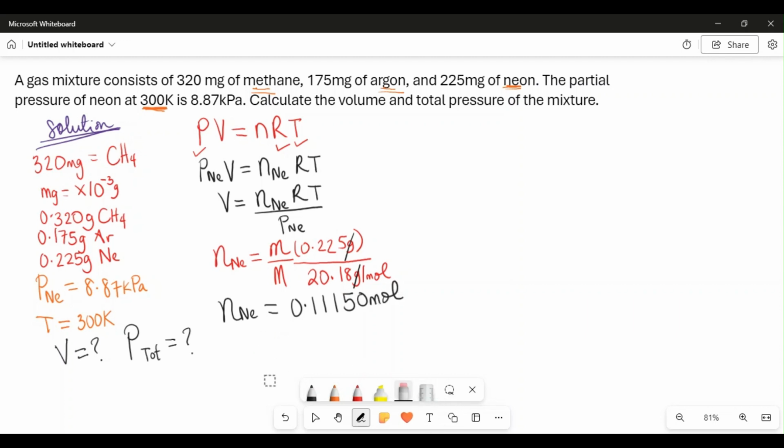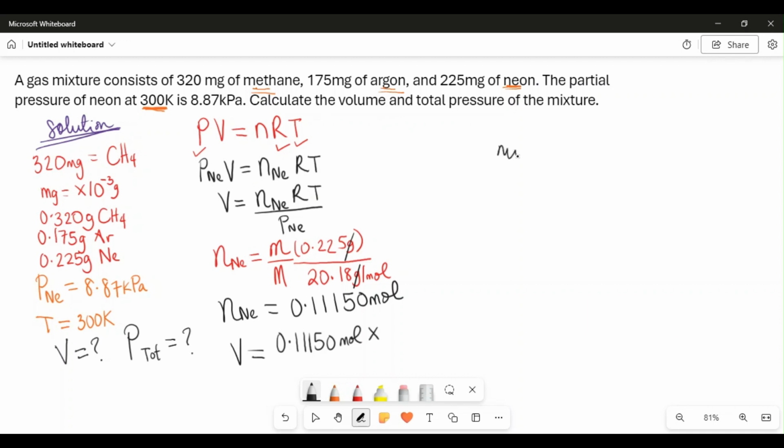Now we can input this information into the calculation. So volume equals the number of moles of neon, 0.01115 mole, times R. The gas constant we need is determined by whatever the units are.